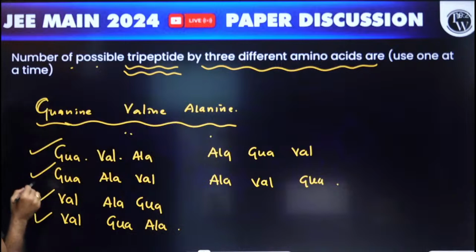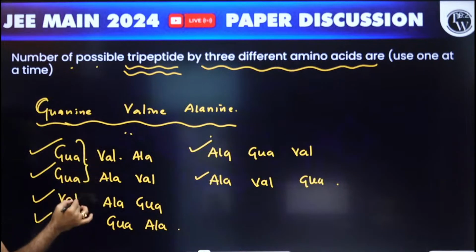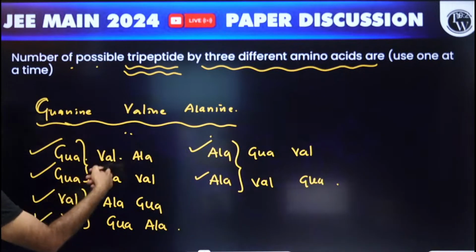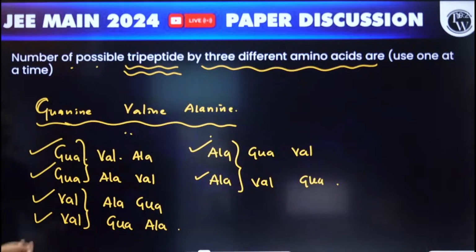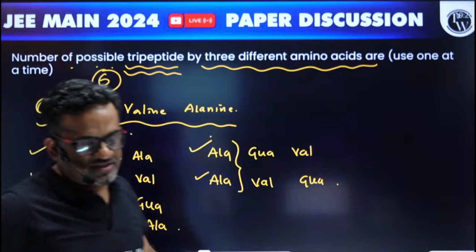This is one combination, 2, 3, 4, 5 and 6. Just fix 1 amino acid in position and keep flipping the other 2. Is that clear? Totally you are going to get 6 possible tripeptide arrangements.